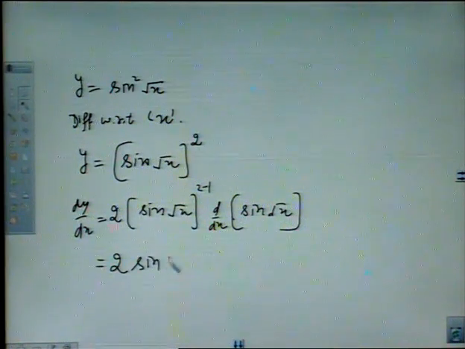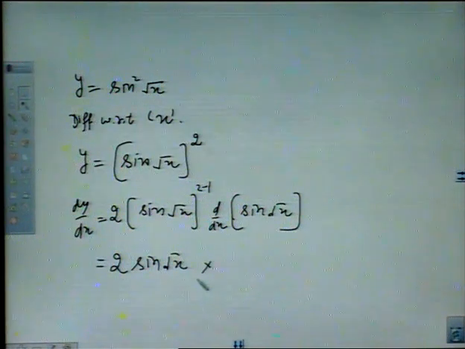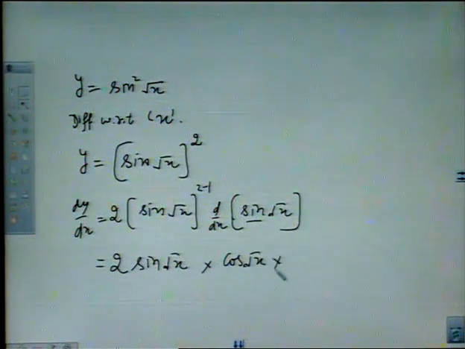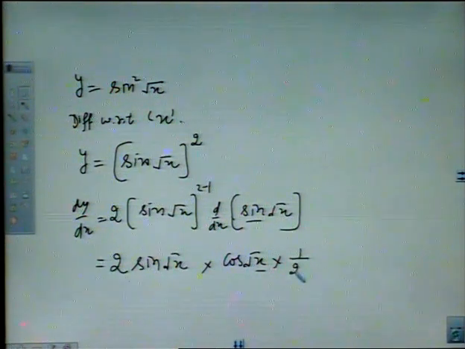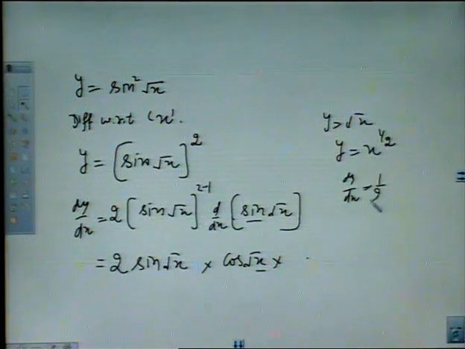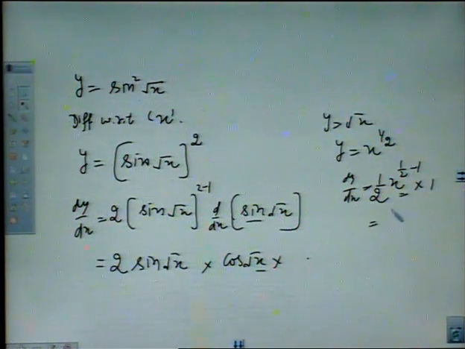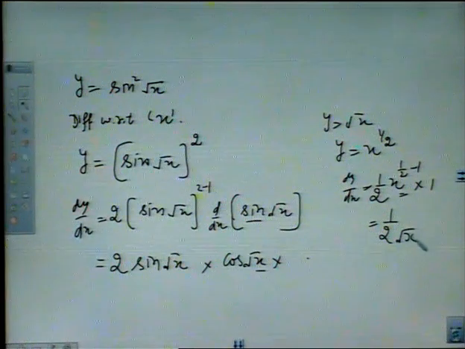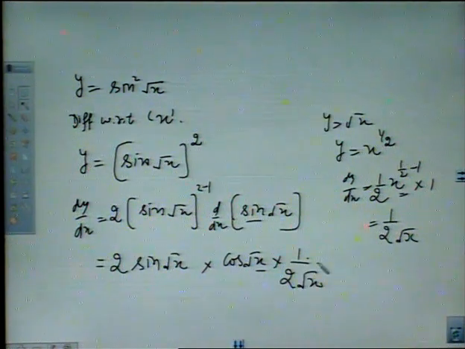So, 2 sine under root x, and derivative of sine is cos under root x, and derivative of under root x, what will be its derivative? y equal to under root x, y equal to x raised to power 1 by 2, and its derivative is power comes outside and decrease the power by 1, and derivative of x is 1. This is equal to 1 by 2 under root x. So, derivative of under root x is 1 upon 2 under root x.